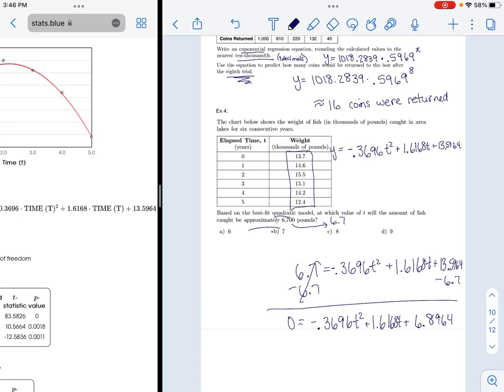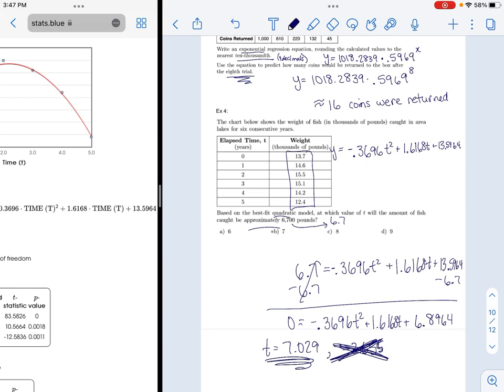One of them was t equals 7.029, and t equaled negative 2.654. Anyway, you can't have negative years, so obviously you can just get rid of this answer. So about 7 years is what you will need.